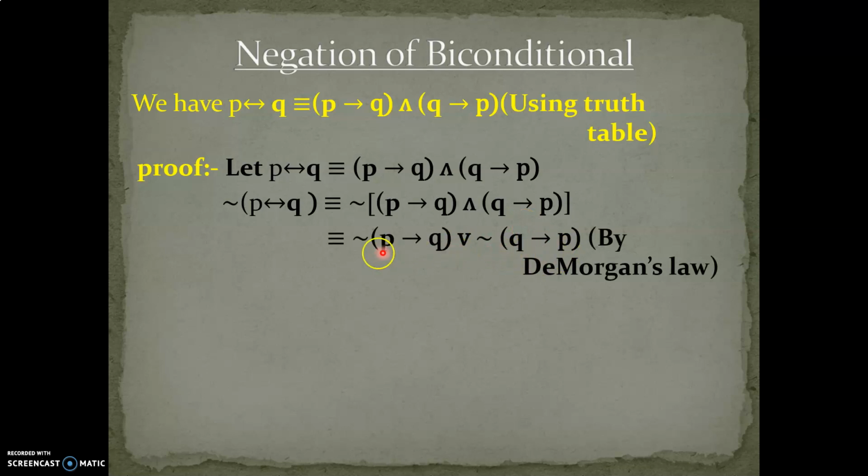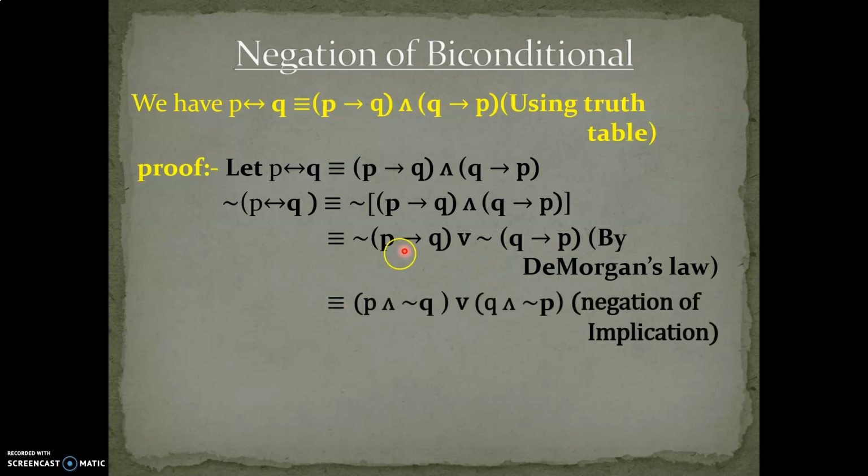Now both statement patterns, negation of P implies Q and negation of Q implies P, are negations of conditional statements. We will apply those results here. So negation of P implies Q is P and negation Q, or negation of Q implies P is Q and negation P. Now this is the result you have to learn by heart again: negation of P if and only if Q is equivalent to P and negation Q, or Q and negation P.